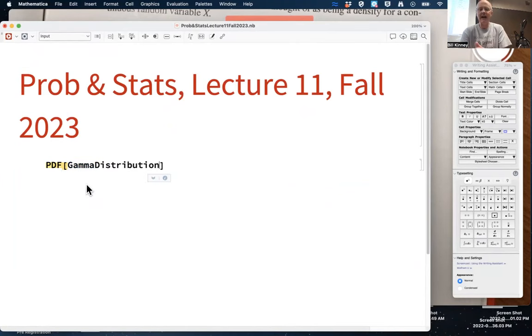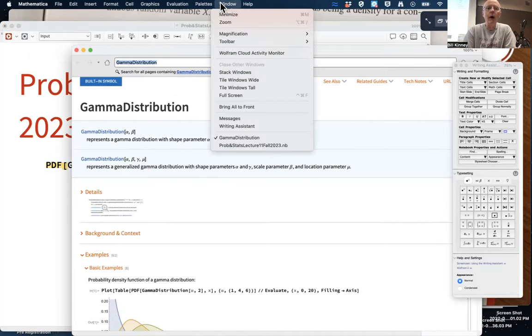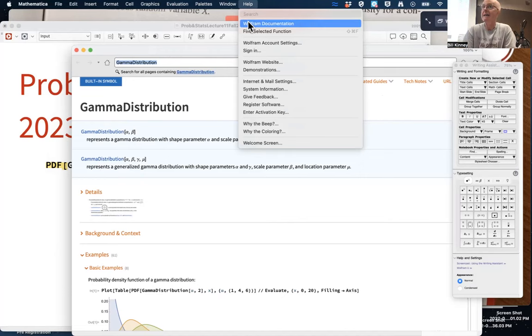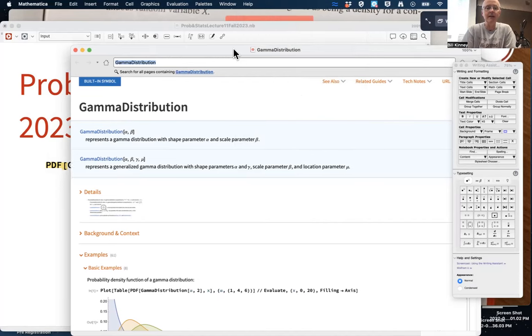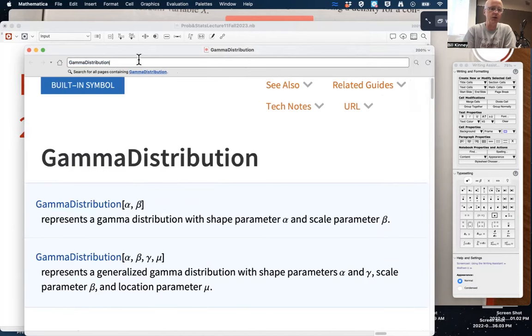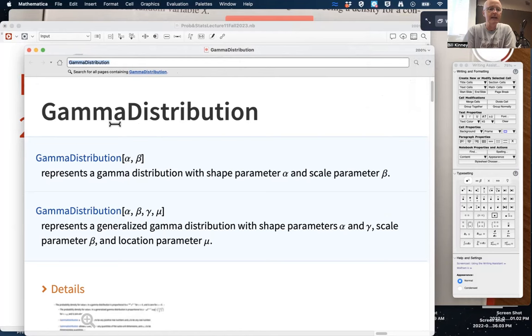And if you want to understand how to use this, click on the info button, go to the Wolfram Documentation Center, which you can get to also through the help menu, Wolfram Documentation. But clicking on the name of the distribution, GammaDistribution, brings you to that page. You can also search for it by typing it up here.